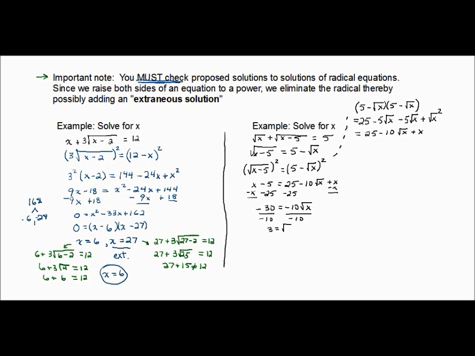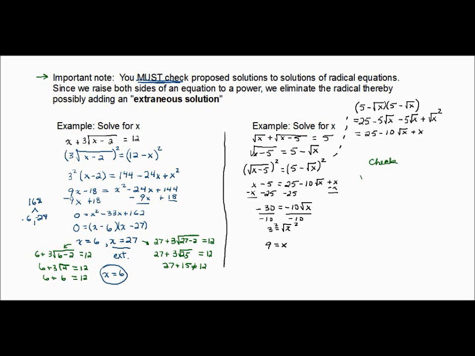So now, if I square both sides of my equation in order to undo that radical, we get 9 is equal to x. That actually seems nice. Will that work? Well, let's try it out. We must check. So in this case, when we check our solution, what happens?